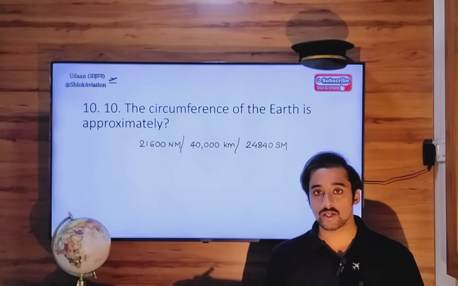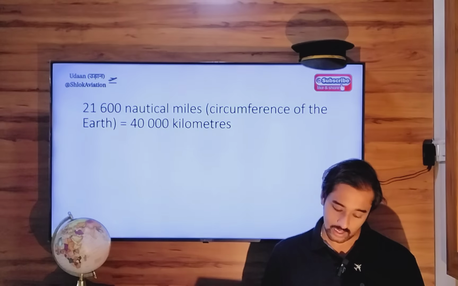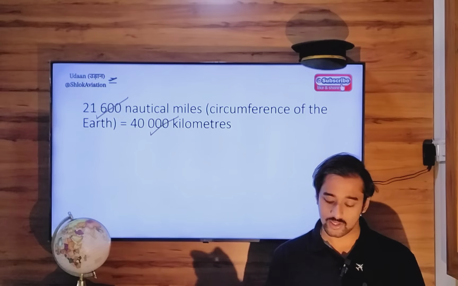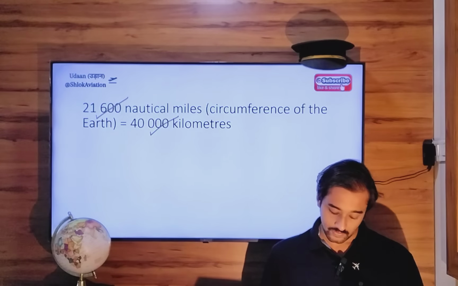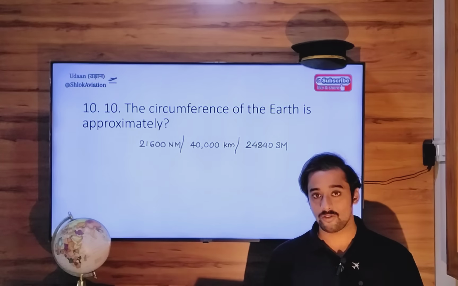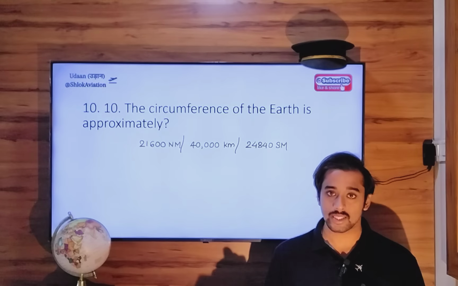So select any option which has either of these values. Very simple question, but important question. It is often asked in viva questions, your DGCA, CPL, ATPL exams as well.